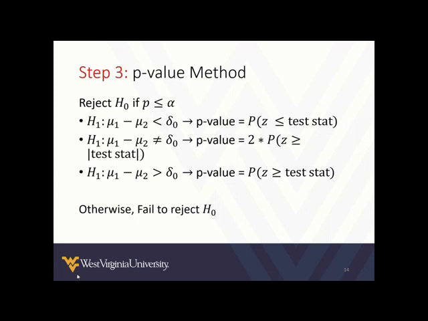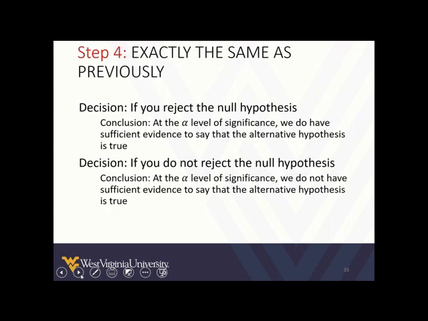And in the greater than case, our p-value will be equal to the probability of z being greater than or equal to our test statistic. And we will always reject the null hypothesis if p is less than or equal to our alpha value. Otherwise, we fail to reject the null hypothesis.